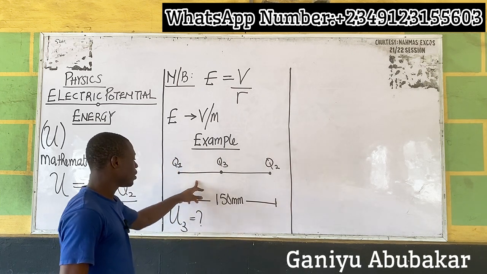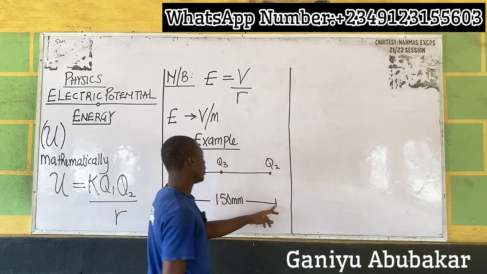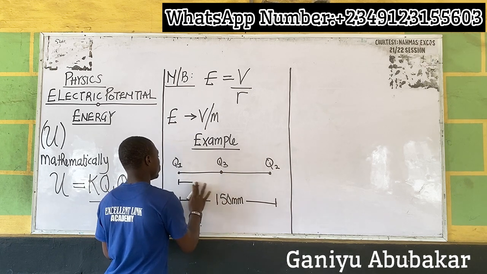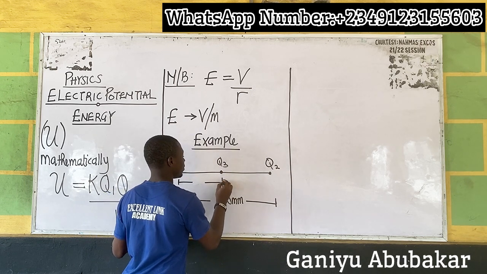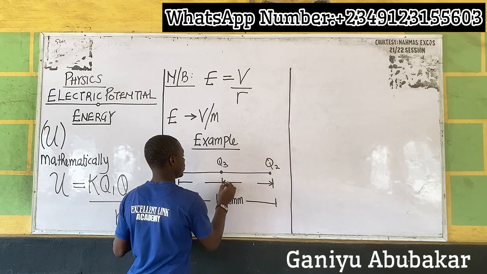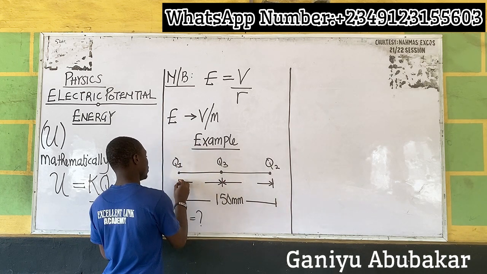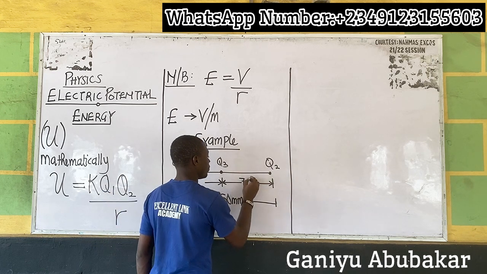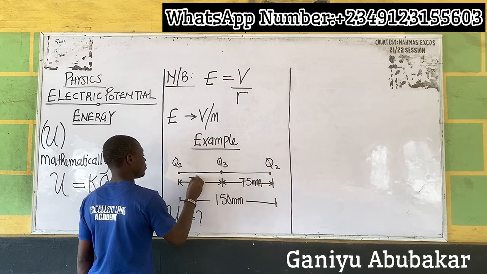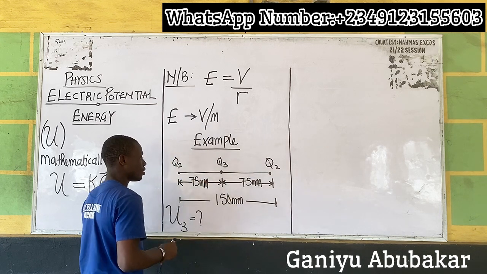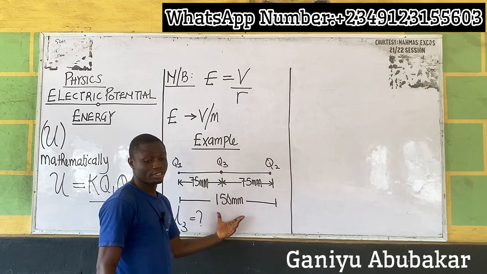If here to here is 150, then from here to the midpoint we have 75 millimeters. That's half of the distance.